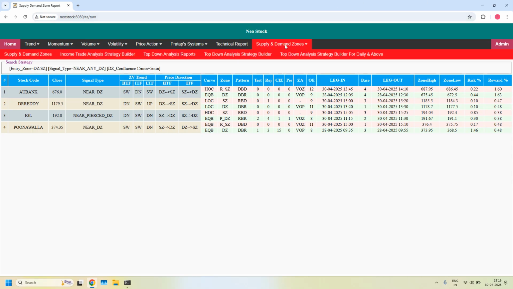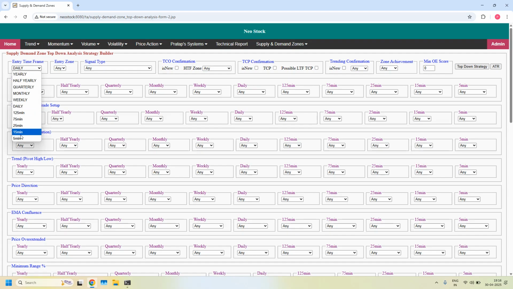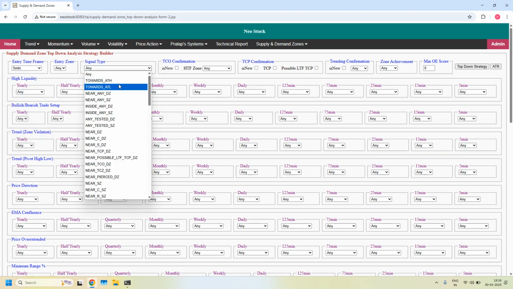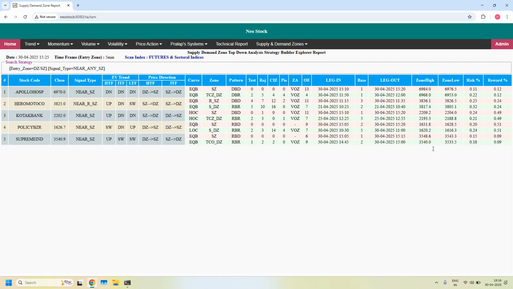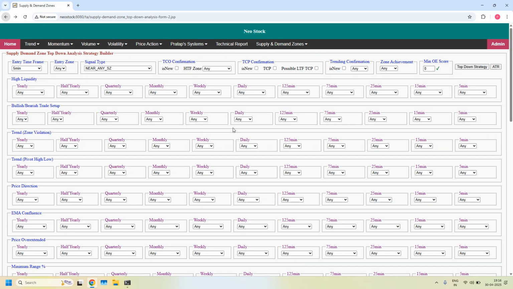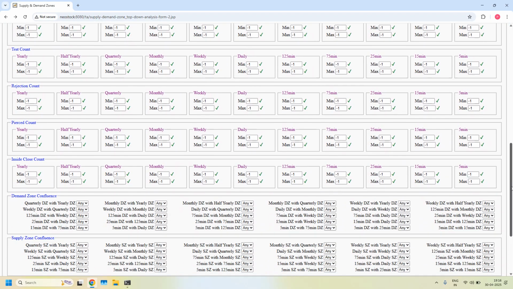Okay, next for 5 minutes time frame, stocks near to the 5 minute supply zone, we got 5 stocks. So let's verify how many of these stocks have ITF supply zone confluence, that is 5 minutes and 15 minutes supply zone confluence.